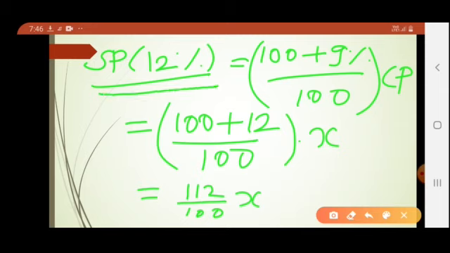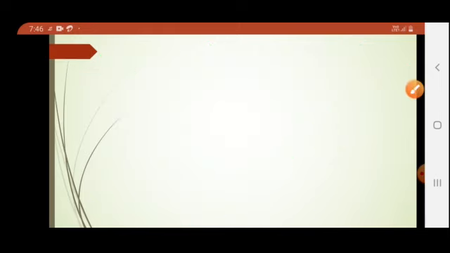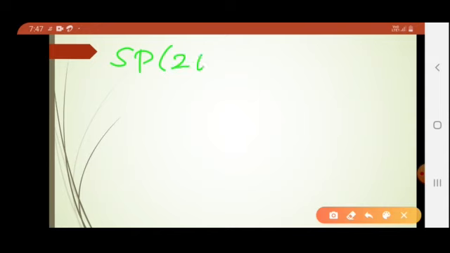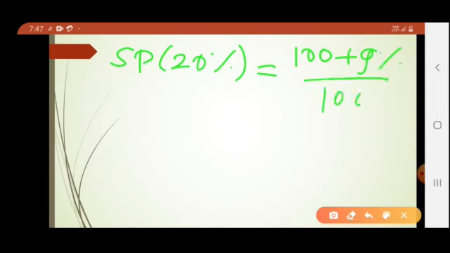Next we need to find the SP value when the gain percentage is 20. What will be the formula? The same formula. Here the gain percentage will be 20. SP when gain percentage is 20% equals (100 plus gain percentage) divided by 100 into CP.